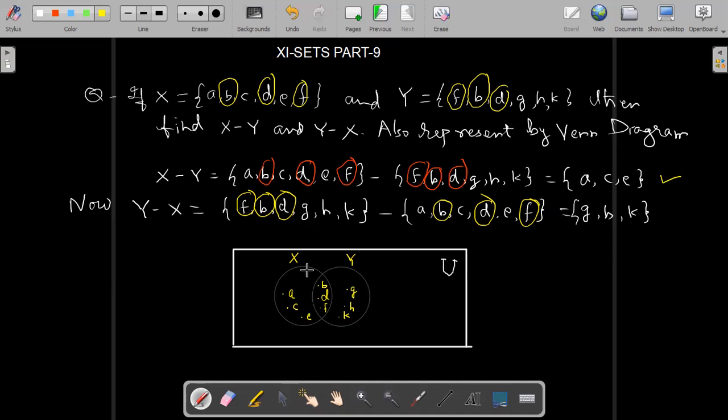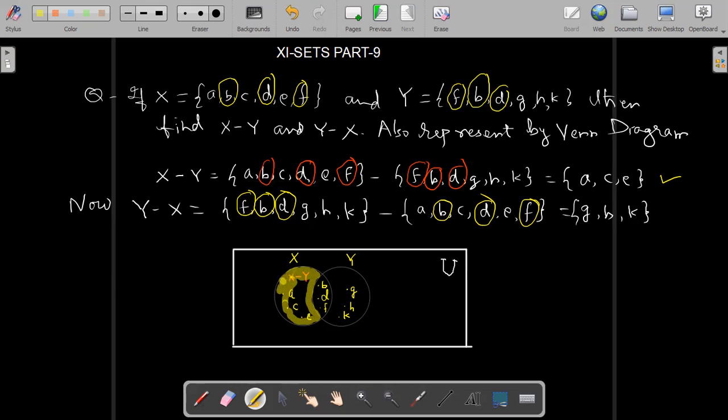X minus Y. So this portion is X minus Y. We can show by writing X minus Y is this portion, and this should be shaded with some color, only X minus Y. You can use your pencil to shade this portion, so that X minus Y and elements should be visible.